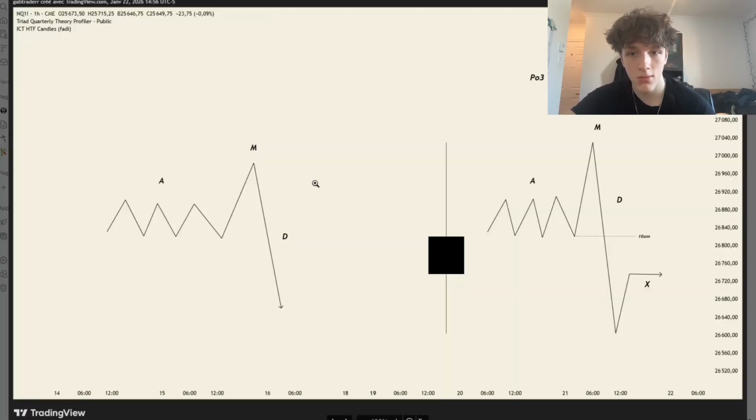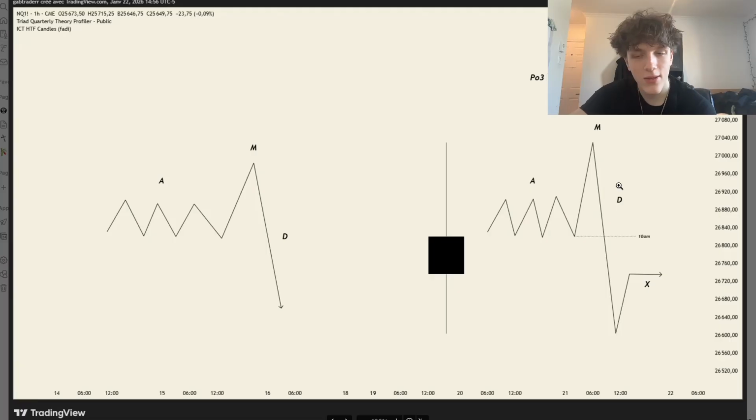This is AMD. This is also AMD, but the 10 AM open made the high and swept out the accumulation. So the 10 AM open high was a manipulation, and then we distribute lower. Let's say now that we accumulate at 9:30, 9:45 manipulation, and 10 AM open right there.